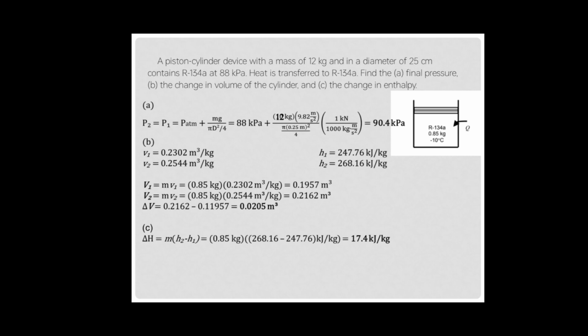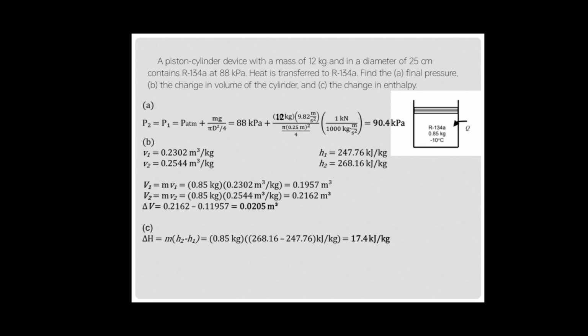Specific volume 1 equals 0.2302 cubic meter over kilogram. Specific volume 2 equals 0.2544 cubic meter over kilogram.